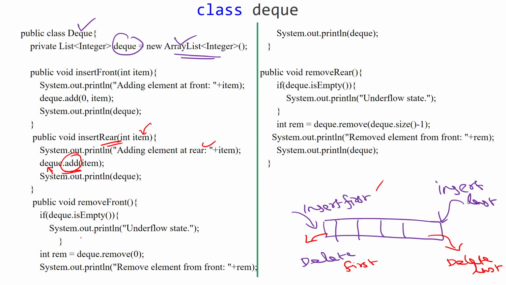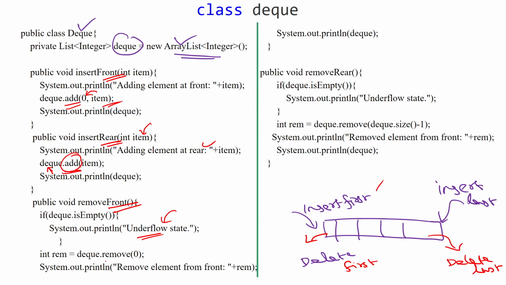And like that, if you want to add at the front side, we can insert the data at the front side. So we are adding the data at the 0th location, right? And if you want to remove the element from the front side, first we check whether our queue is empty or not. If it is empty, there are no elements, there is underflow.